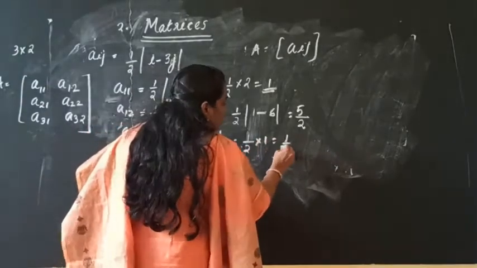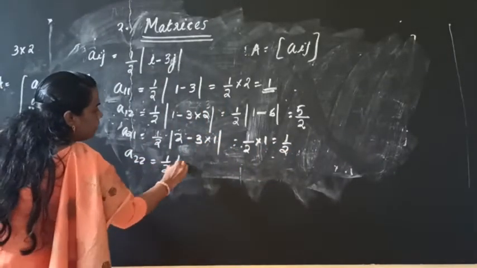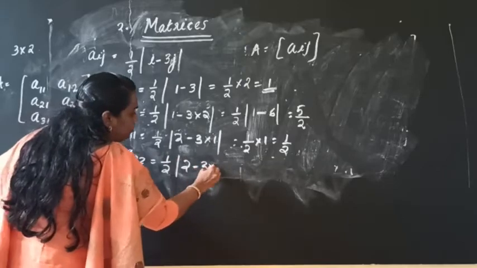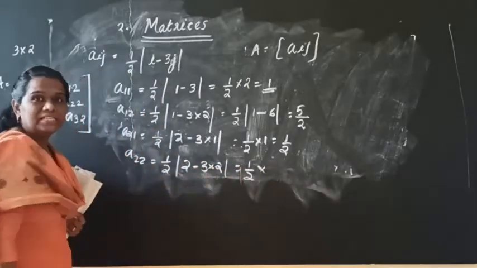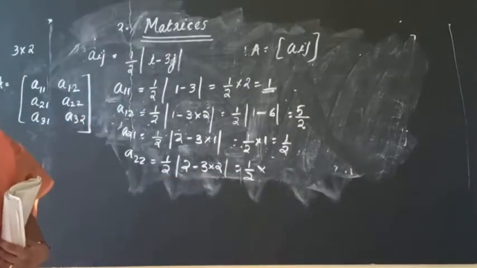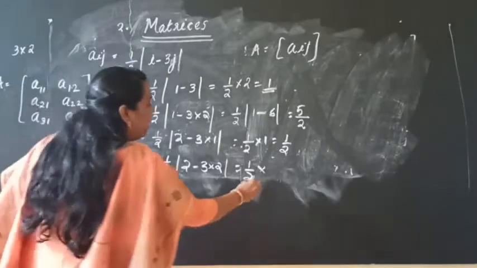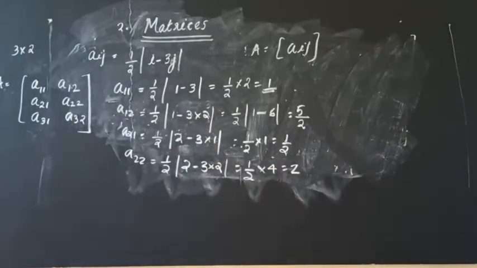So it is 1 by 2. Then A22: half of modulus of 2 minus 3 into 2, that is half of modulus of 2 minus 6, which is minus 4. Modulus of minus 4 is 4, half of 4 is 2. I hope you understood how to find the elements.